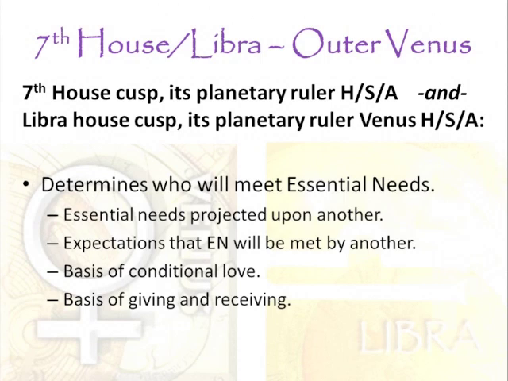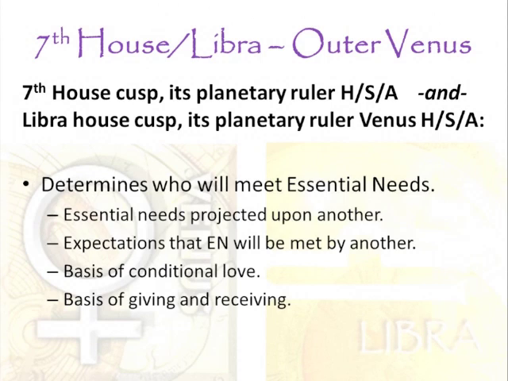I will love you if. I will love you if you meet my needs. To bring home the bacon. Take out the garbage on Tuesday afternoons, as I like to joke. Fill in the blanks. This is what that whole essence of the seventh house cusp and everything related in bold is going to describe.